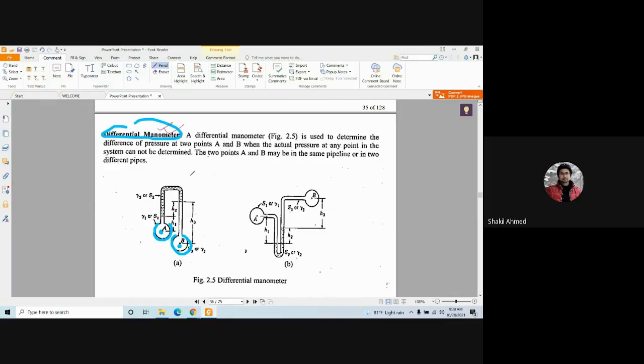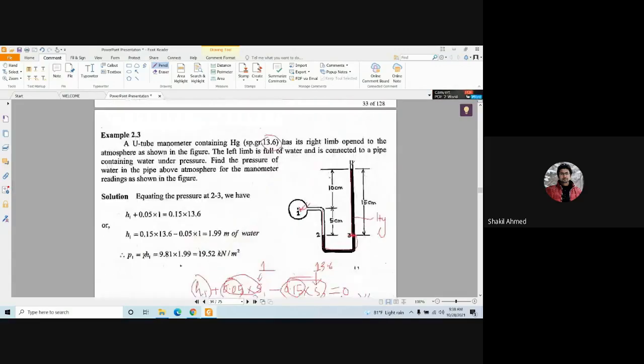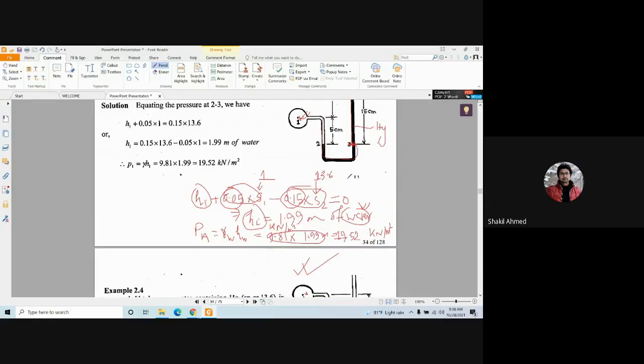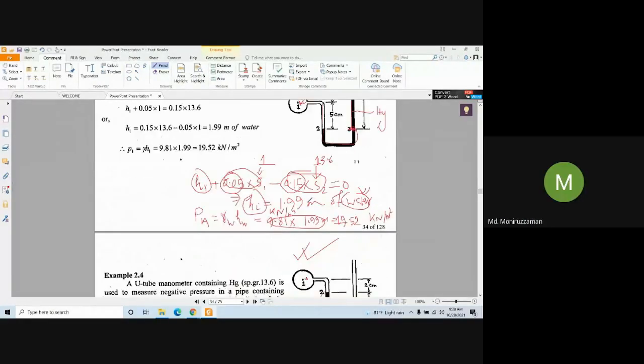Differential manometer. Same thing, there is nothing new. In this case, this is open to atmosphere, right? So atmospheric pressure, you're dealing with gauge pressure. In case of gauge pressure, atmospheric pressure is taken as 0.